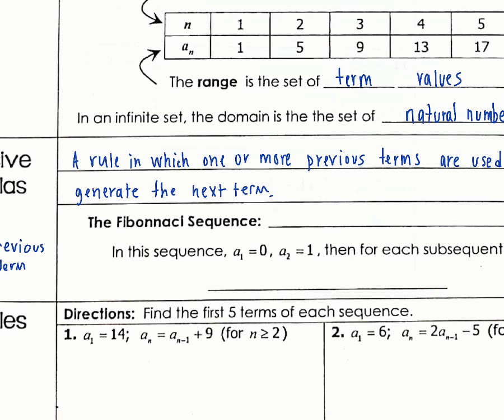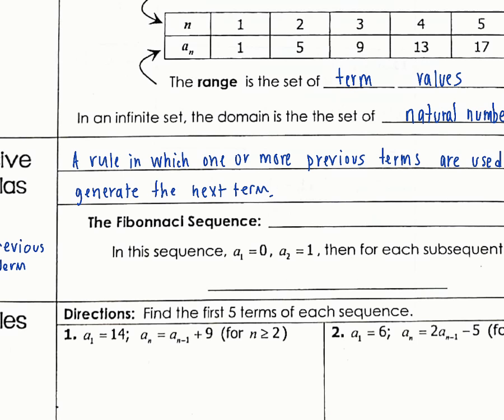So when you see this a sub n minus 1, that's the key. That's the thing you really got to focus on, because a sub n minus 1 is calling on the previous term's value. Let me explain.